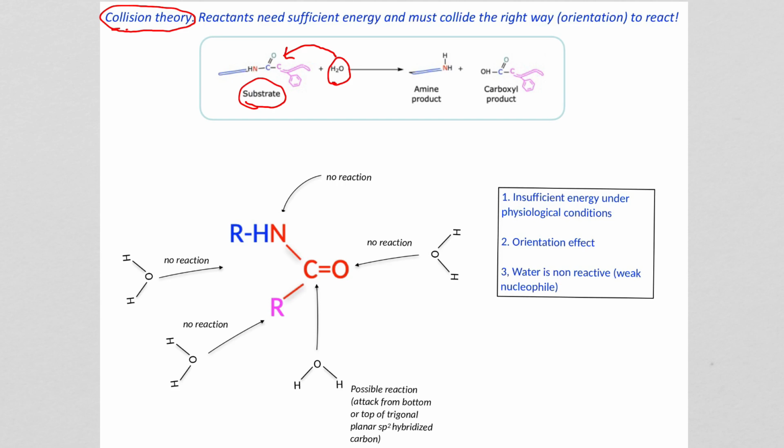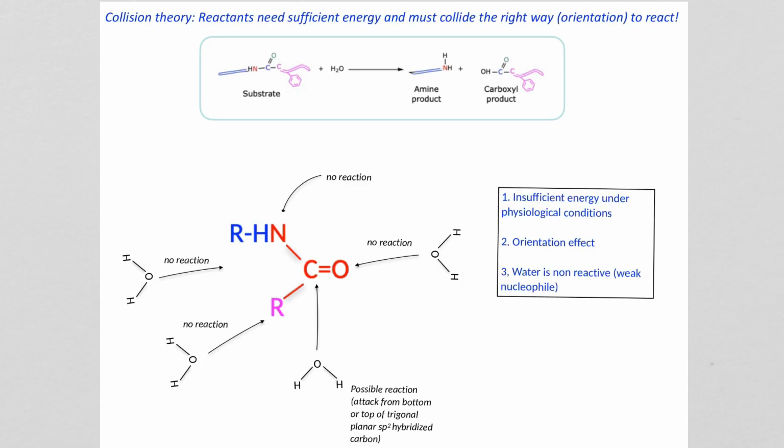And if the reacting molecules have sufficient energy, and if they collide the right way, what we call the proper orientation, only then will they react. And when they react, they may give you the products.